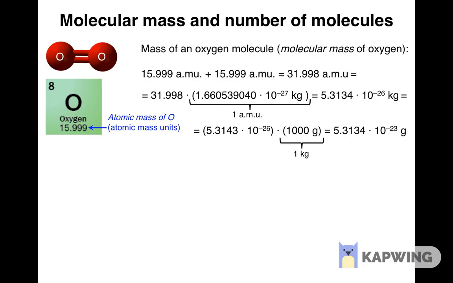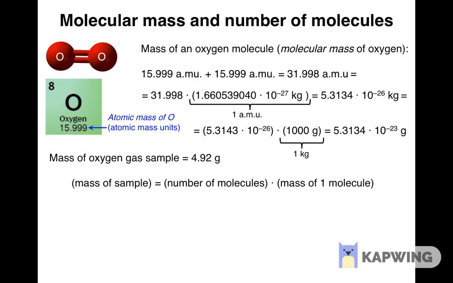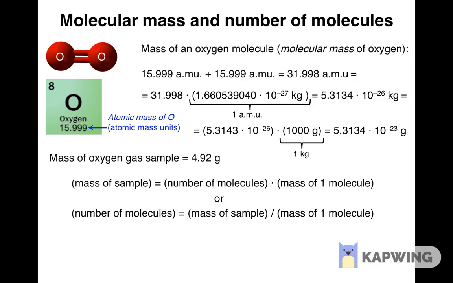The mass of the oxygen gas sample is the sum of the masses of all the identical oxygen molecules that make it up. The mass of the sample, therefore, is the number of molecules multiplied by the mass of one molecule. Therefore, we can find the number of molecules of oxygen by dividing the mass of the oxygen sample by the mass of one oxygen molecule.